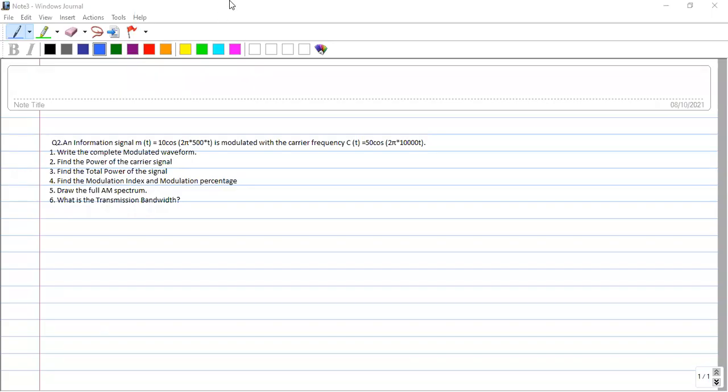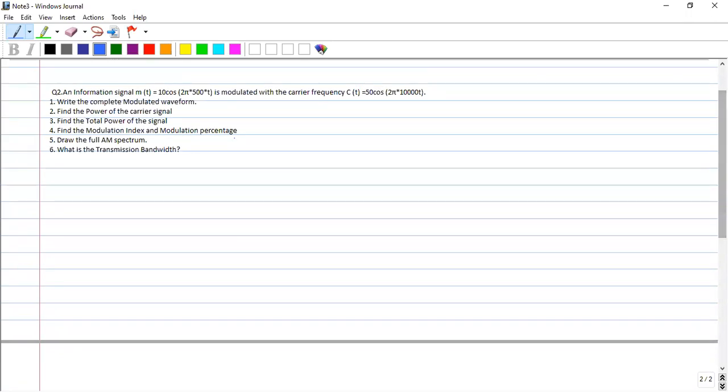Okay, now we will move to the question. So this is our question. Here CT is given as 50 cos 25 FCT, and FC is 10,000.